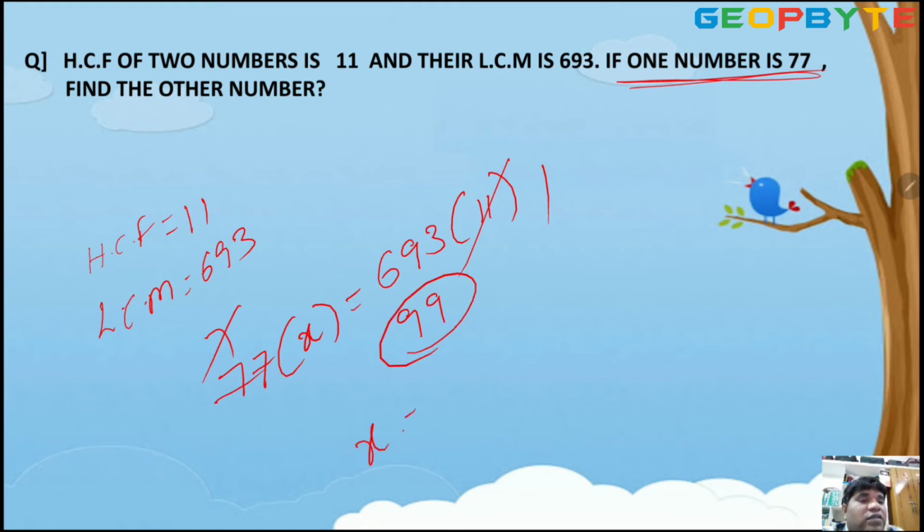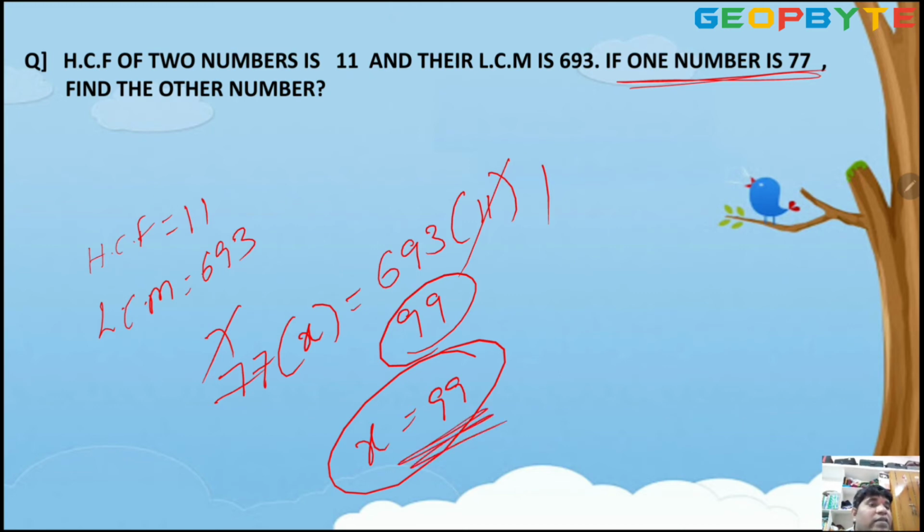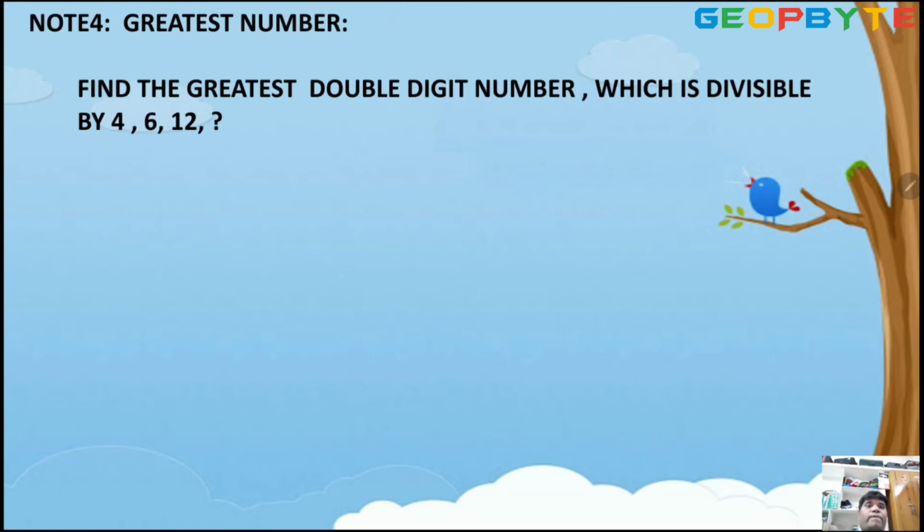So x is equal to 99 is the answer. Got it? So the other number is 99. Okay, children, very important.